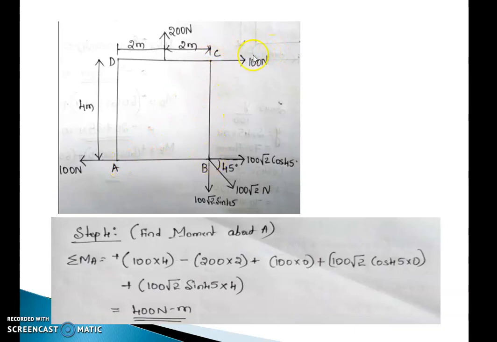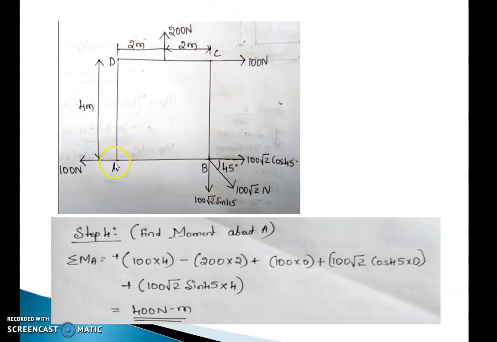At C, 100 Newton is acting. So 100 into 4, and with respect to point A, it will be acting in clockwise direction.